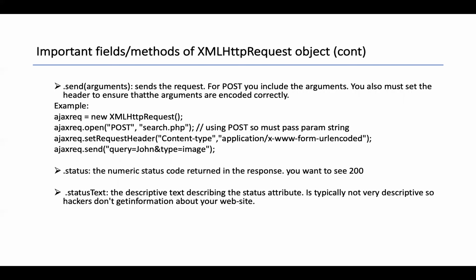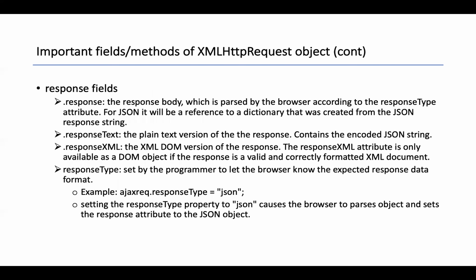The client will get the response back in one of three fields. If it's JSON, it'll probably be a JSON object in the response field. If it's an XML object, it will be in the responseXML field. If it's plain text, it will be in the responseText field. And you can tell the browser what type you are expecting the response to be by setting it to the appropriate string.